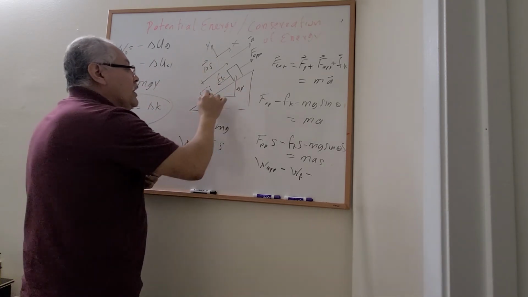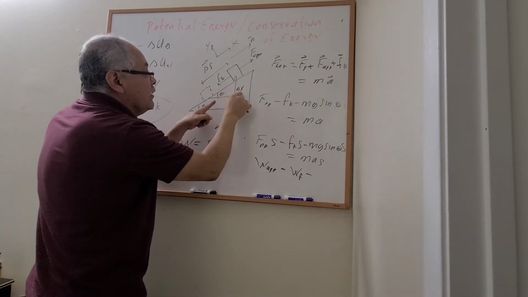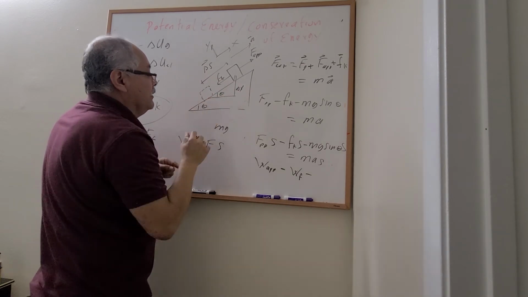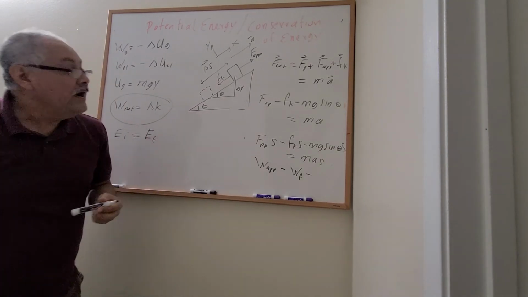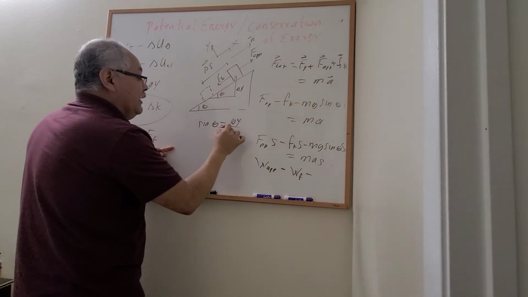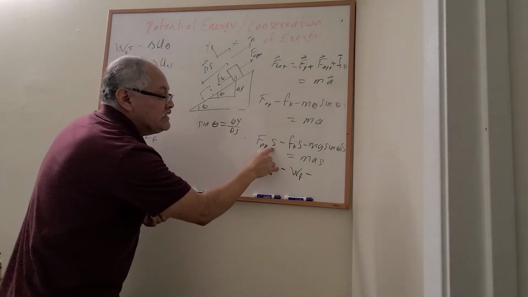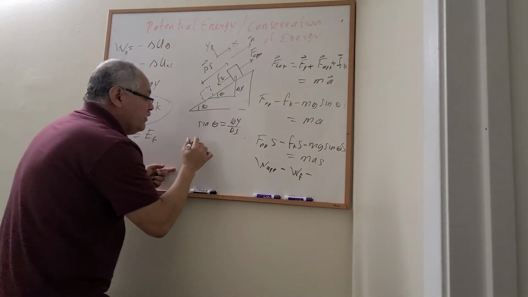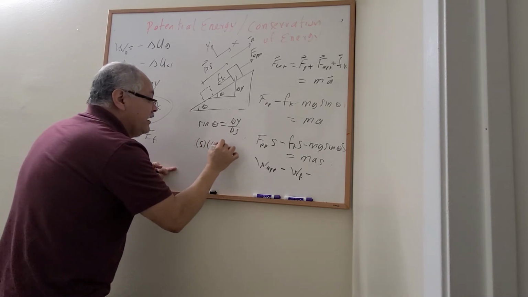So we have this angle right here. How are these three quantities related: delta y, delta s, and theta? They're related by sine. Sine theta is equal to delta y over delta s, or just s, the magnitude. I use s right here, but we can also use delta s, the same meaning. Got it? So right here, delta s times sine theta is equal to what?